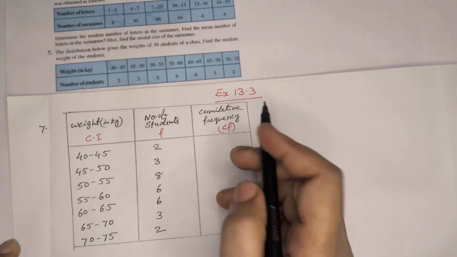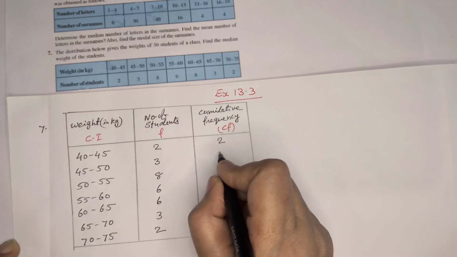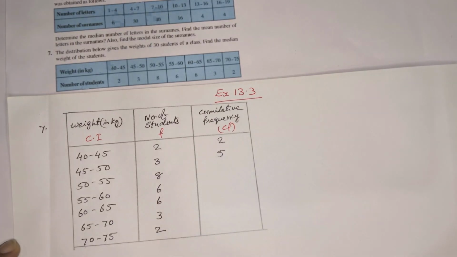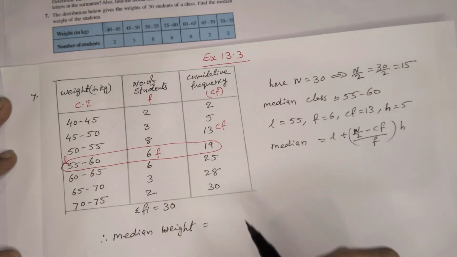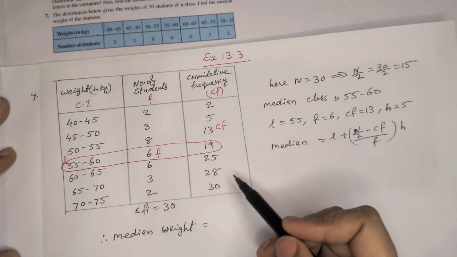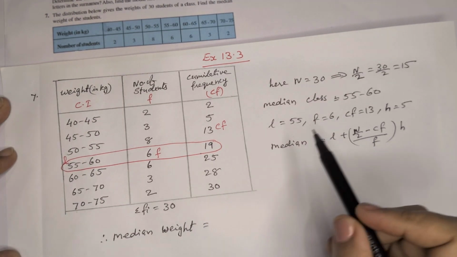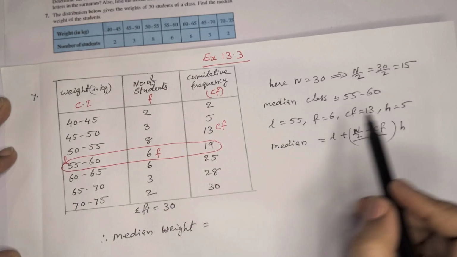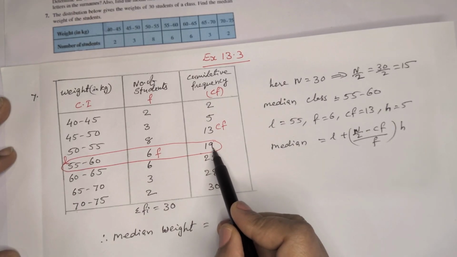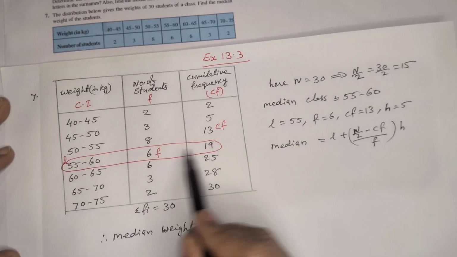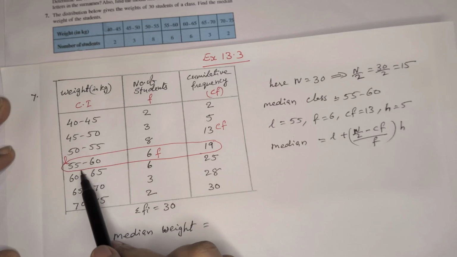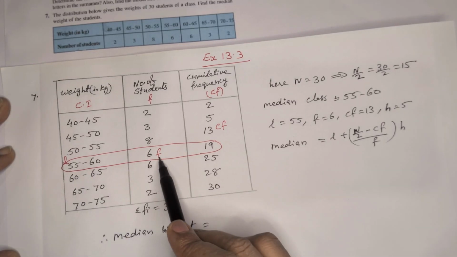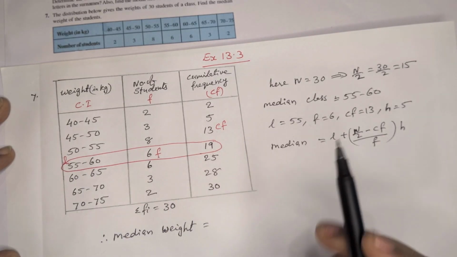Then cumulative frequency 2, 5. Here total frequency is 30, and therefore n is equal to 30, n by 2 is 15. The median class is the one after 15, that is 19. So this is the median class, 55 to 60. Frequency is 6, cumulative frequency is 13.